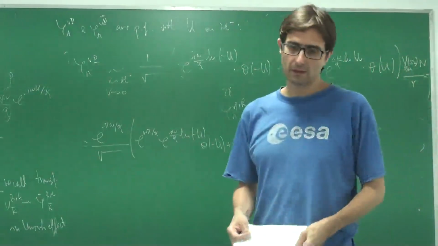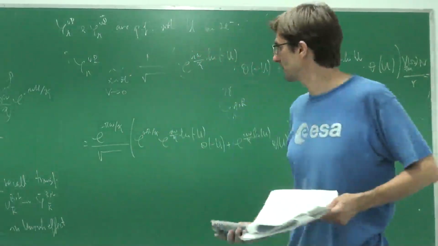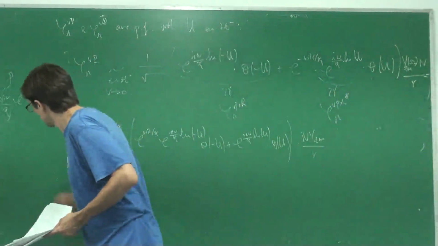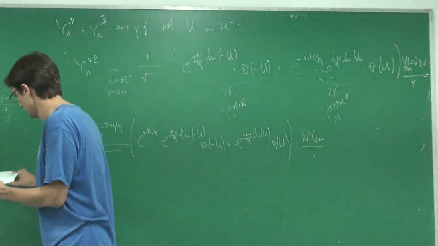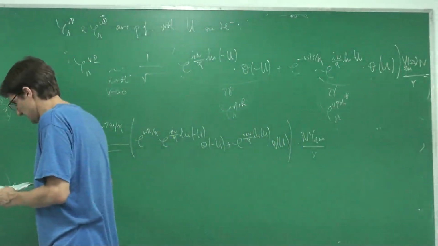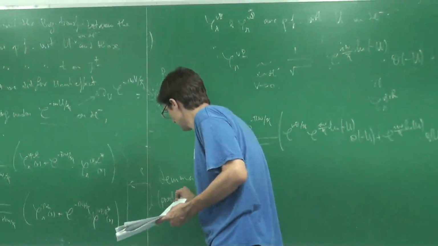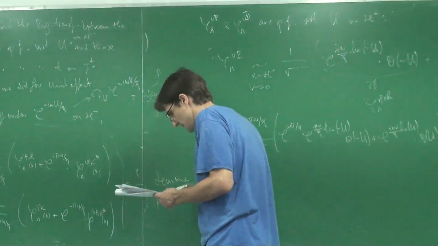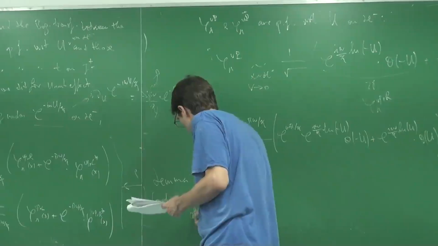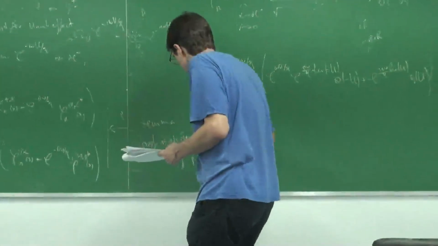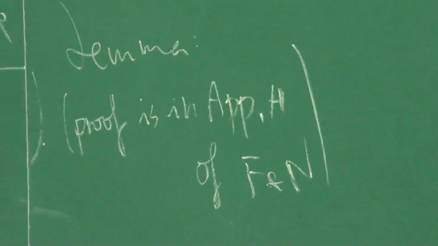Now I'm going to appeal to a lemma that's written in a book, the book by Frolov and Novikov. The proof of this lemma is in Appendix H of the Frolov and Novikov book that I recommended at the start of the course.